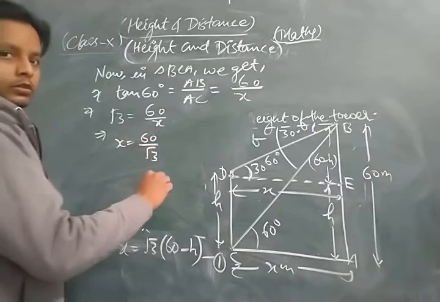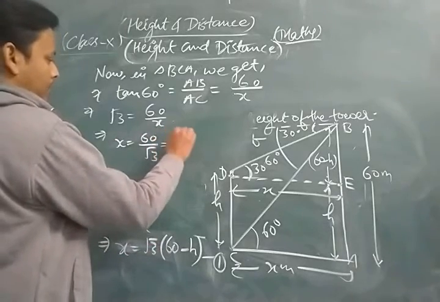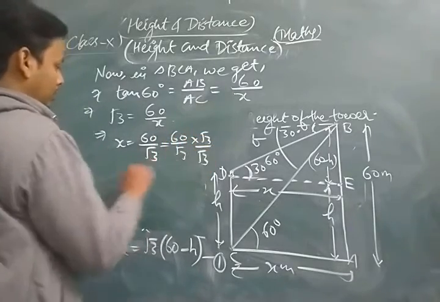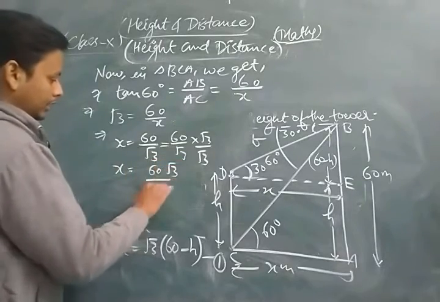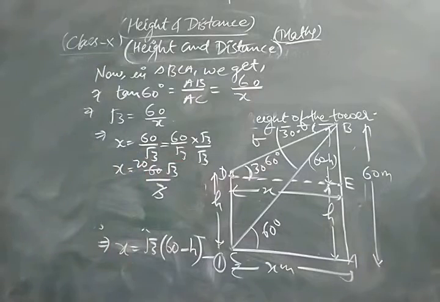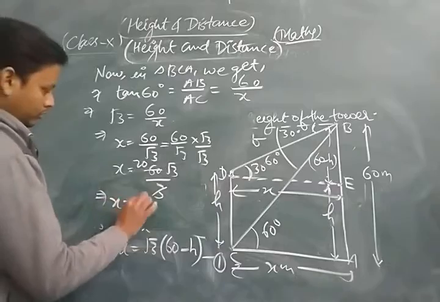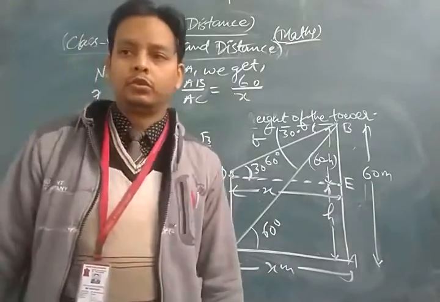Now we rationalize by multiplying by root 3. So X is equal to 60 root 3 upon 3, so X is equal to 20 root 3. Take this as equation number 2.